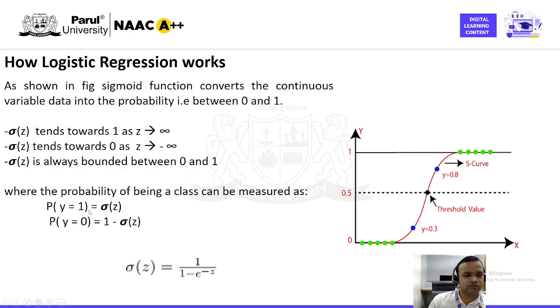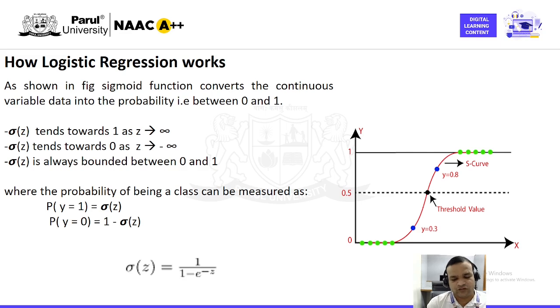The probability of a class can be measured by this: P of y equals 1 is sigma of z. With the help of this formula, you can calculate the probability of the class. And whenever your output is 0, you can calculate it by 1 minus sigma of z. So this is the way to understand how logistic regression works.